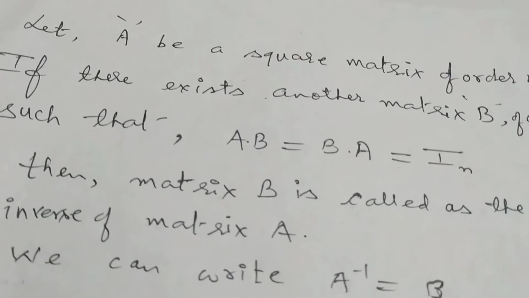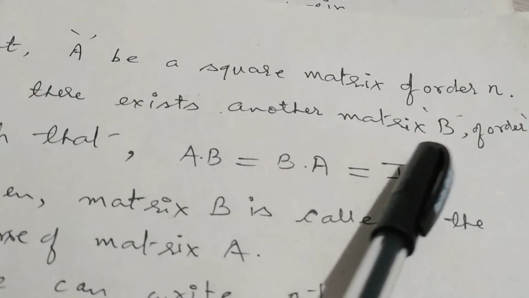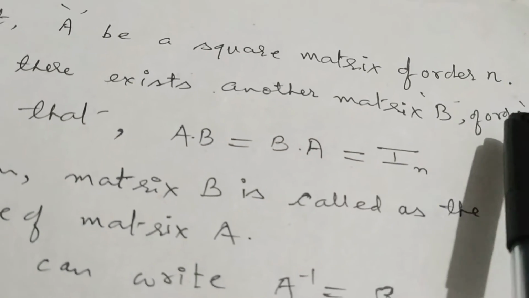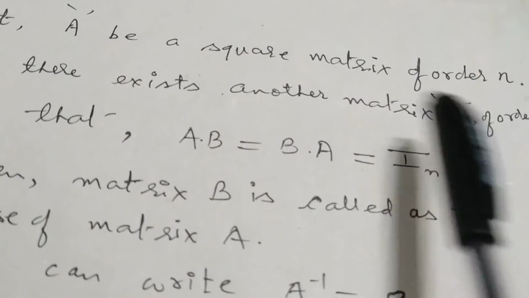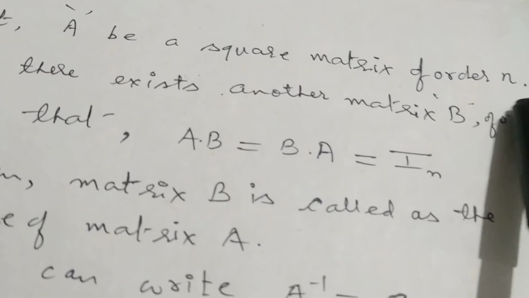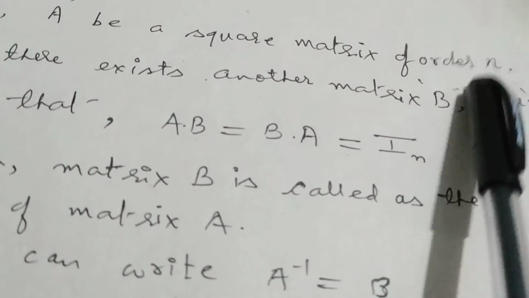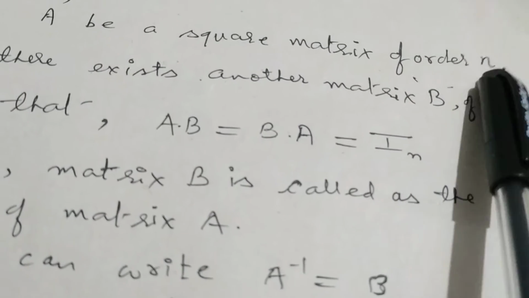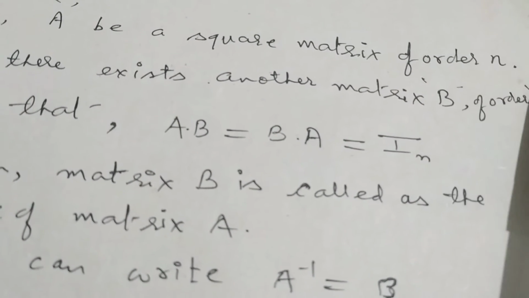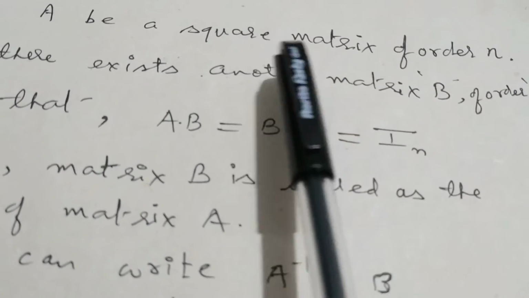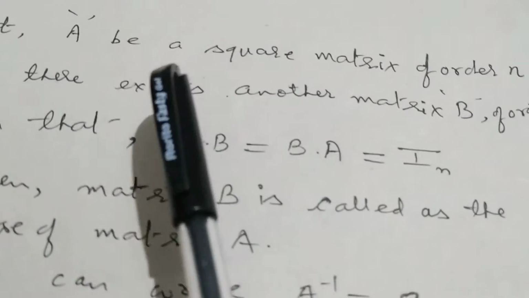Let A be a square matrix of order n, that means its order is n by n. Since it is a square matrix, one index n is enough to denote rows and columns. So it has n rows and n columns. Instead of saying n by n or n square, it is customary to call its order n. So A is a square matrix of order n.